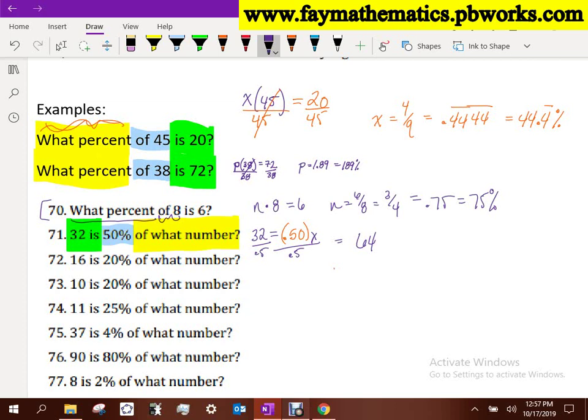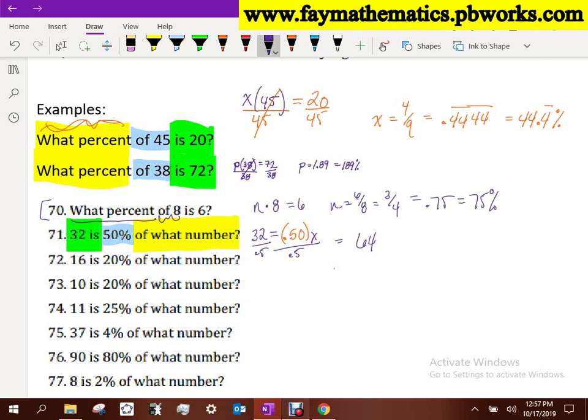Okay? So here my two numbers are 64 and 32, right? Now if I divide them, 64 over 32, what does 64 over 32 give me? 64 divided by 32 gives me 2, right? Well, that's not 50%. So now use the reciprocal. Instead of going 64 divided by 32, go 32 divided by 64. Does that give me the 50%? Yes, it does.